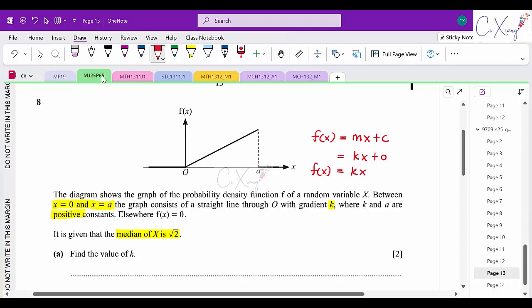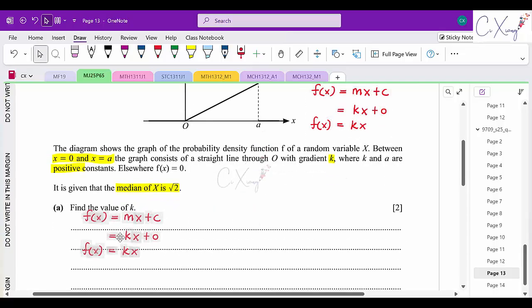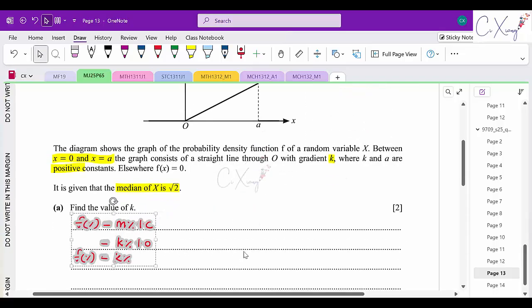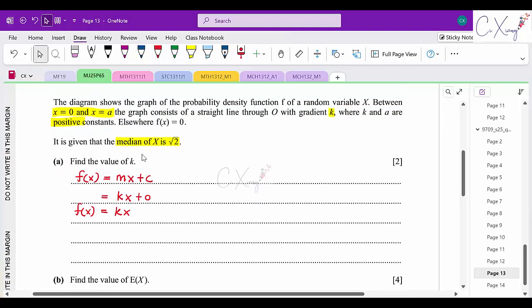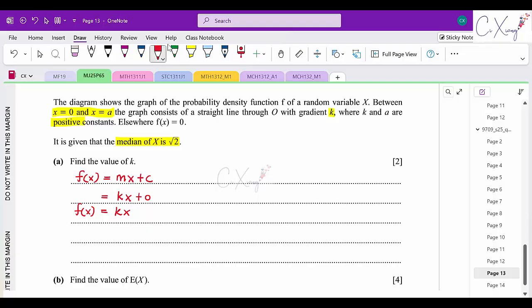When you have the function kx, you're able to use it to find out the median. The question gives us the median equals √2, right? So let's try to figure it out here. Median is equal to √2. What does it mean?